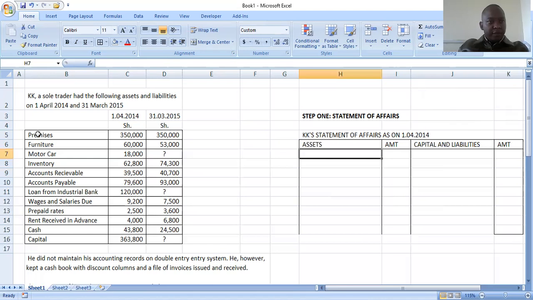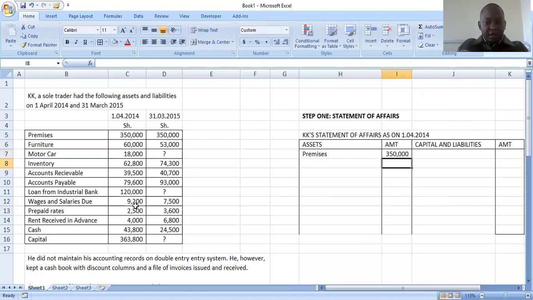Okay, let me go through them quickly. I believe you understand that premises are assets. The amount is 350,000 shillings. Then the other item we have is furniture, which is 60,000 shillings. These are the values as at 1st April 2014.